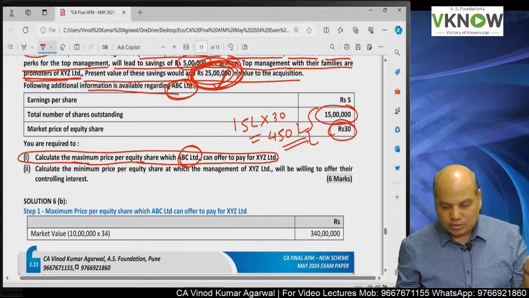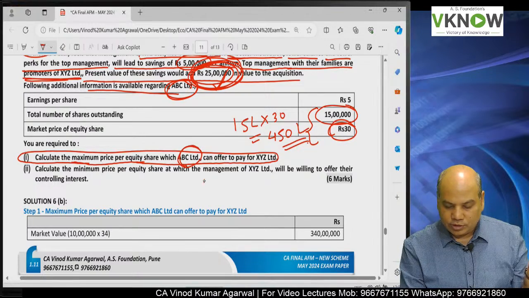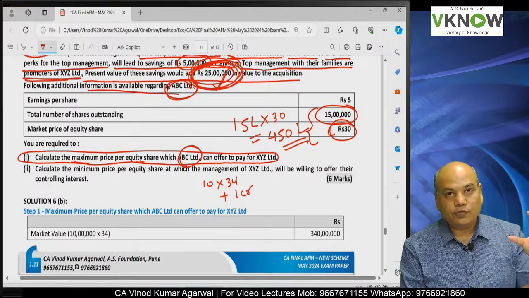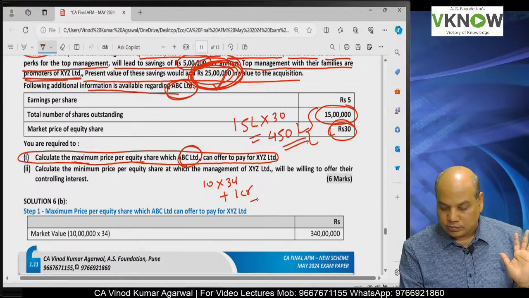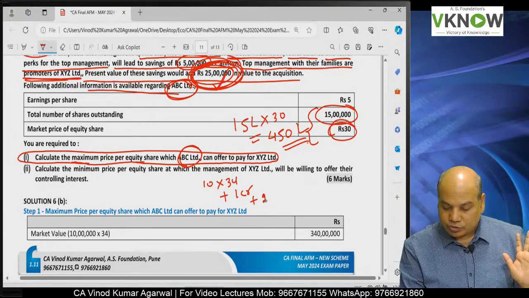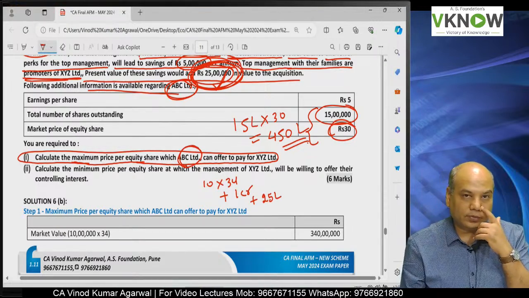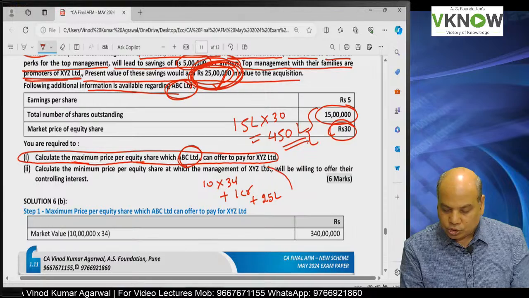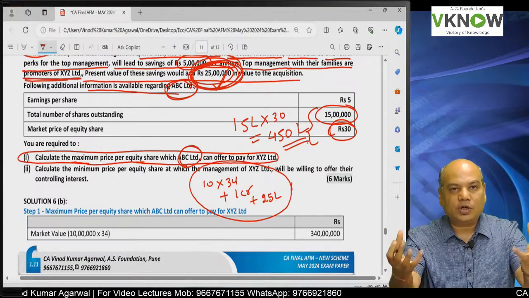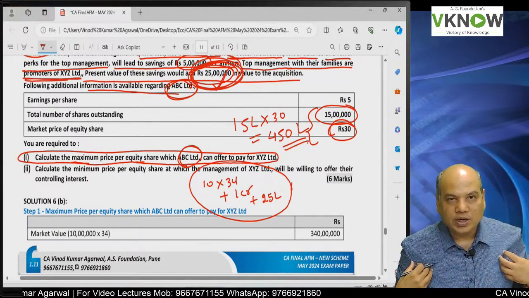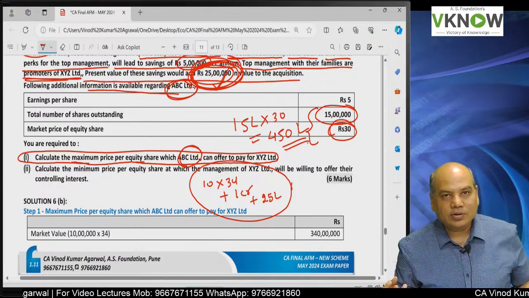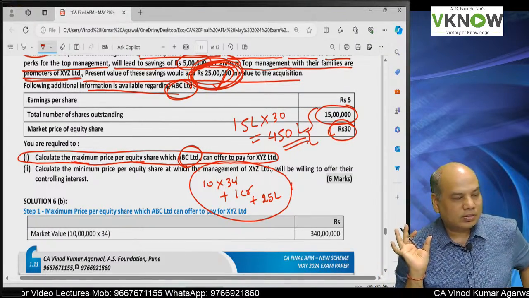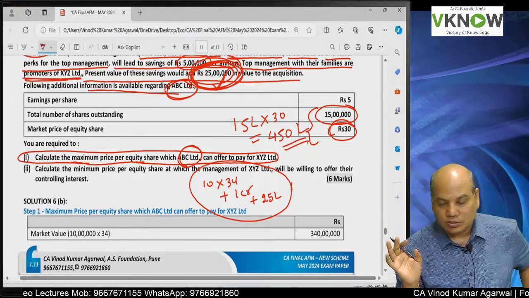You will get a company whose value is 10 lakh into 34, plus it will give you a synergy benefit of 1 crore, and plus you are going to get a benefit of reduction in salary of 25 lakh. This is the total benefit you as an acquirer will be getting, and divide by 10 lakh shares. That is the maximum you can pay.